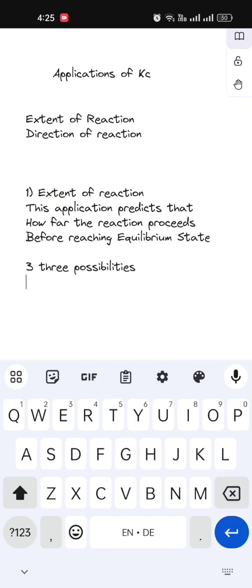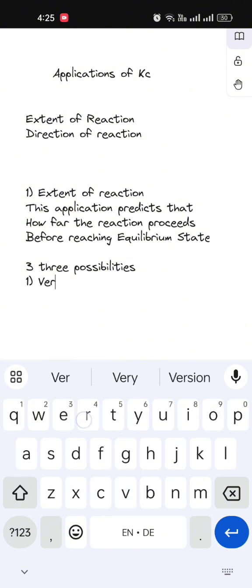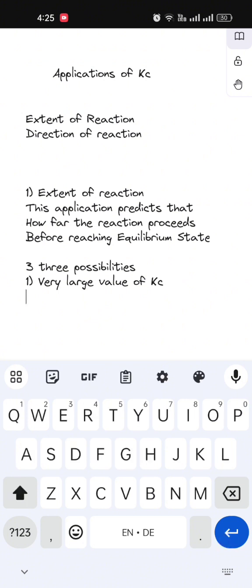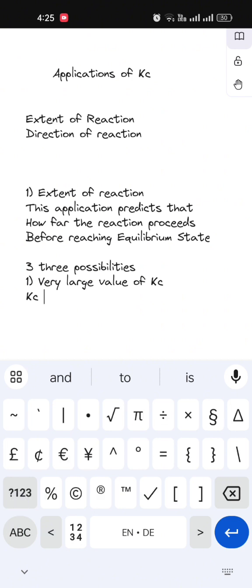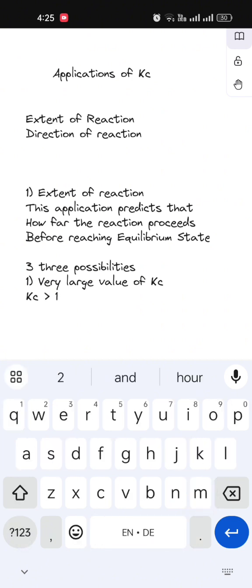The first one is a very large value of Kc. In this possibility, we know that Kc is greater than 1, or greater than 2. This shows that it is a large value of Kc.